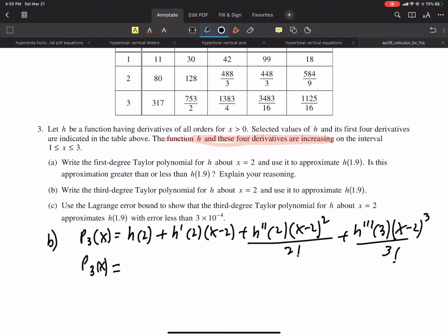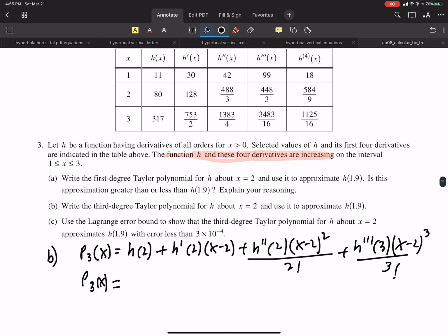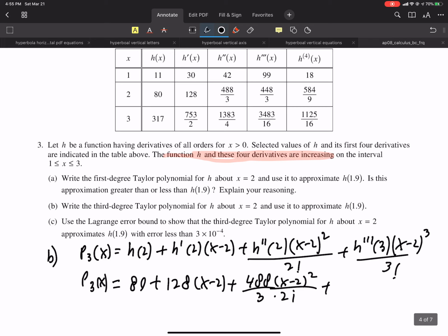So we're going to get 80 again, and then 128, then h double prime at 2, which is going to be 488 over 3. But we also have a 2 factorial on the bottom. And then the last one is 448 over 3, times x minus 2 cubed over 3 factorial.